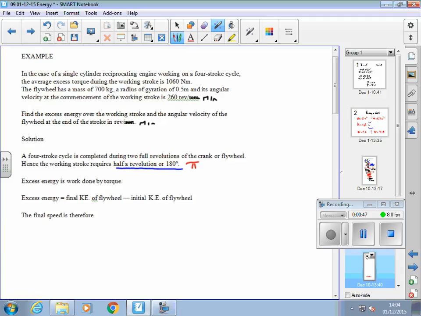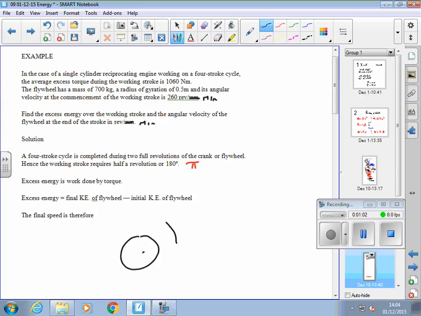So that information would be given to you in a situation. So you do need to understand that before you can go much further with this problem. So what's happening here is we've got a flywheel that's already rotating, and then we're going to do some work to it, which is going to mean that it's rotating now more quickly.